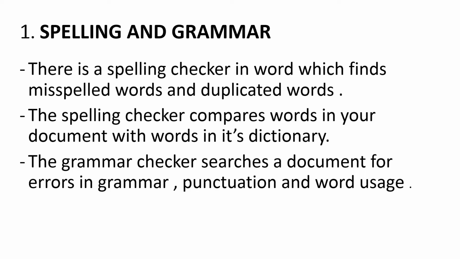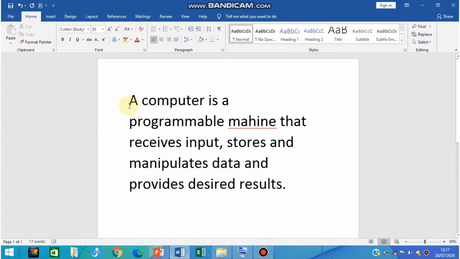Now let us see practically how we use spelling and grammar in MS Word. Suppose this is the text that you have written in MS Word: a computer is a programmable machine that receives input, stores and manipulates data, and provides desired results.